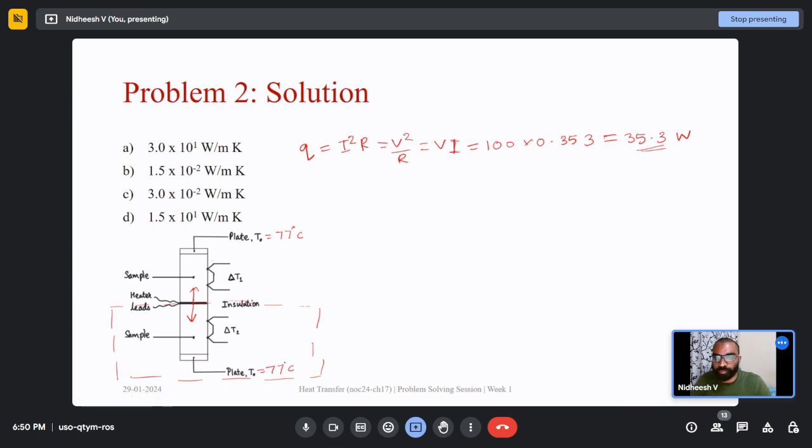Okay. Then again we can write Fourier's law, which says heat transferred is equal to thermal conductivity times area of cross section times the temperature gradient, right?